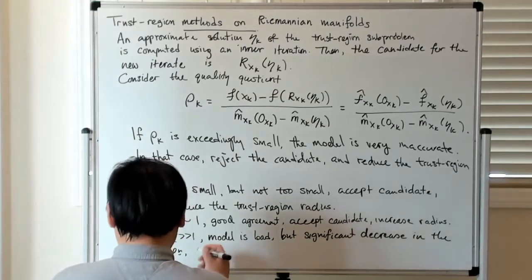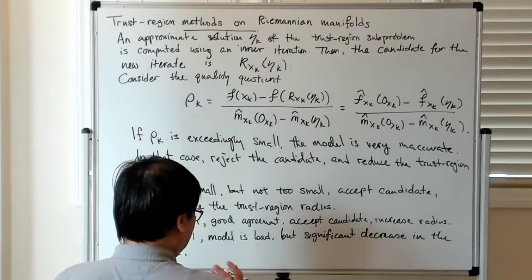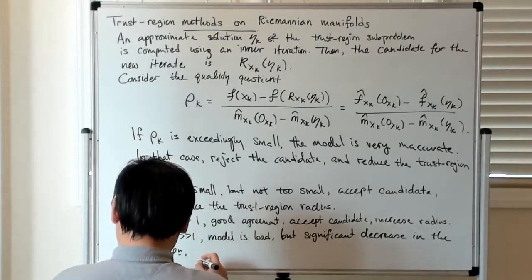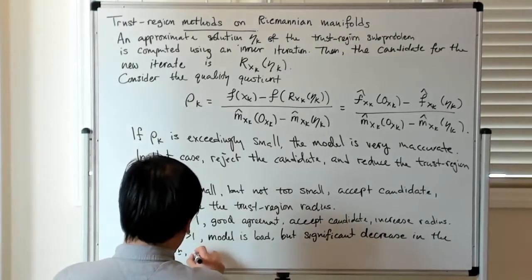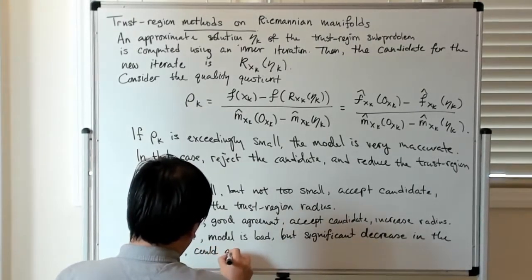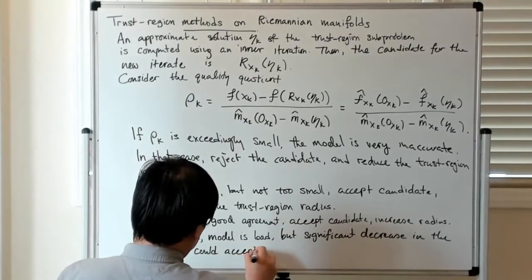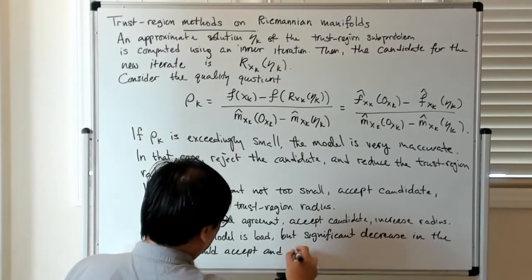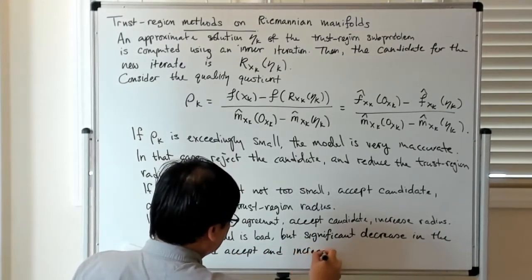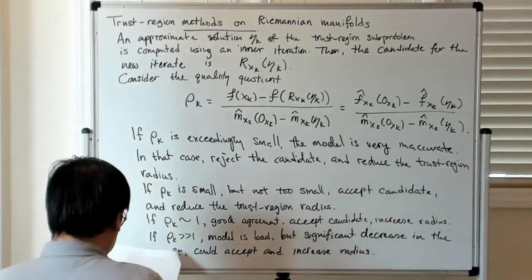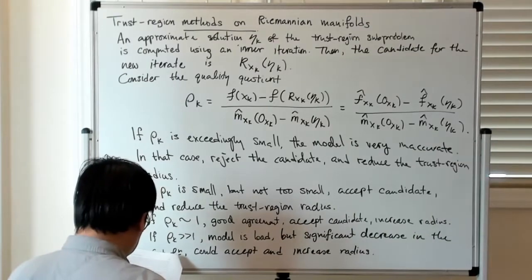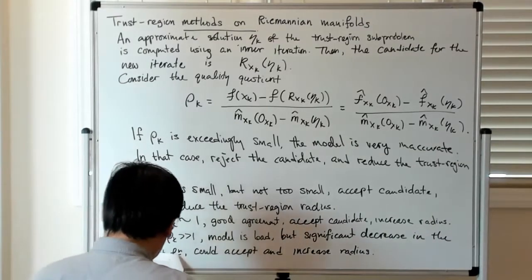And so what you could do is accept it and again increase the trust region to see what happens. So you could accept and increase the radius as well.